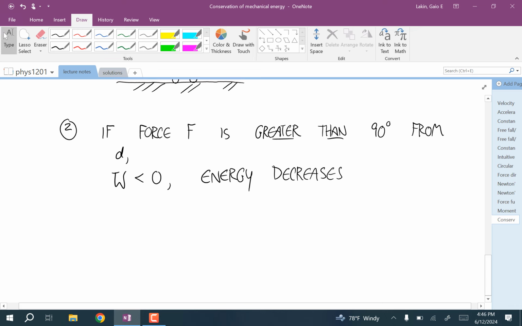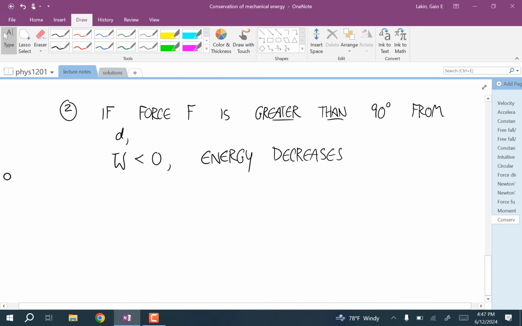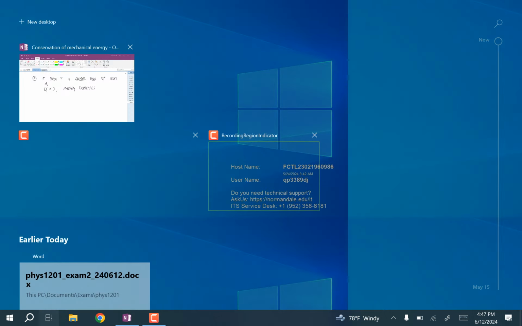Okay, but there's a third possibility, and that is if these two are exactly perpendicular to each other, what happens in that case? Well, it sort of would make sense probably that if you're making a transition from being within 90 degrees, which increases energy, to an angle of greater than 90 degrees that decreases energy, then maybe if those two are perpendicular to each other, there's no change in energy and work is equal to zero. And that's exactly the way it works.